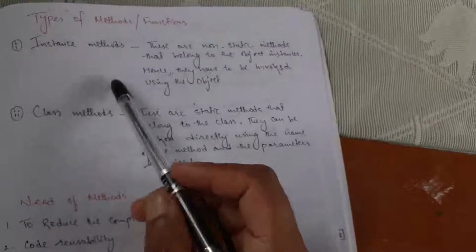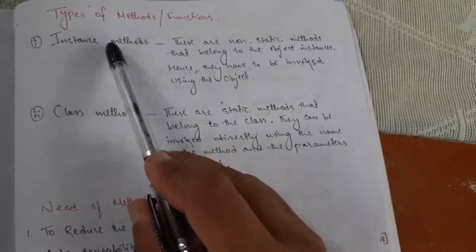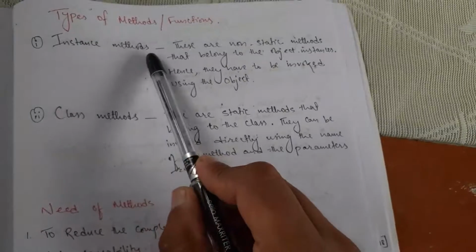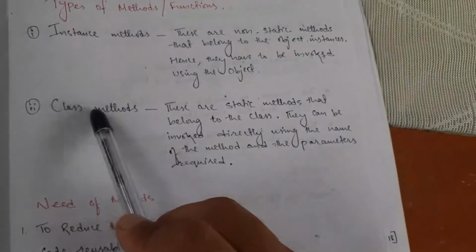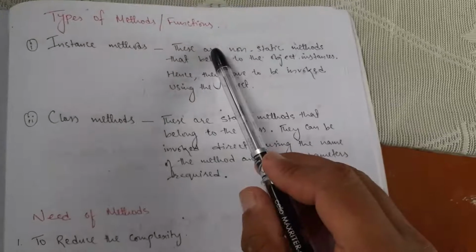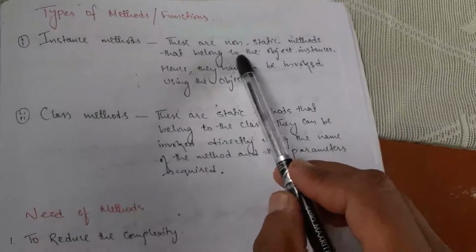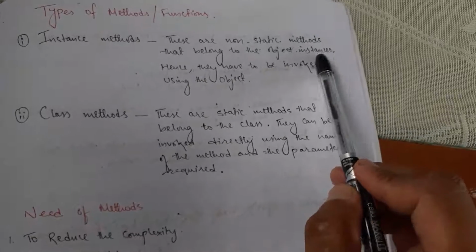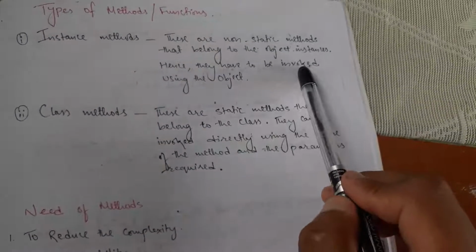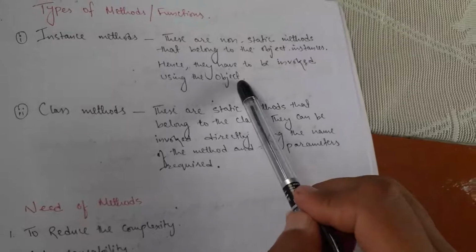All right, so there are two different types of methods or functions in Java. The first one is called instance method or function, and the second one is called class method or function. Instance methods are non-static methods that belong to the object instances, hence they have to be invoked using the object only.